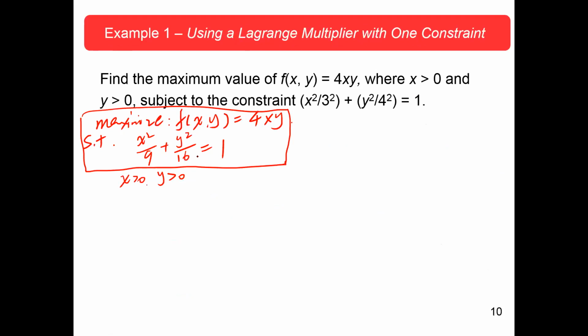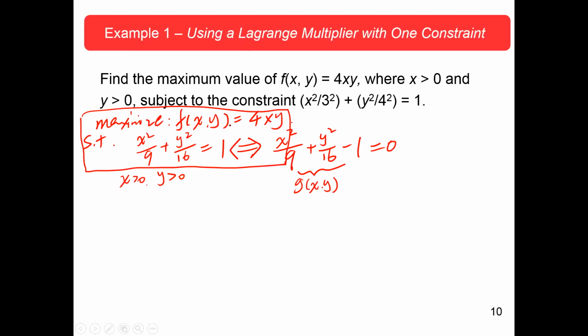Let's move the 1 to the left-hand side, so the right-hand side will be 0. I'm going to say x squared over 9 plus y squared over 16 minus 1 equals 0. That's equivalent to the original constraint, right? So this would be my g of x y.